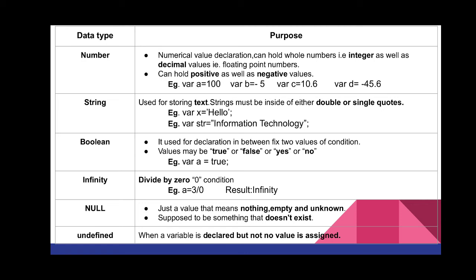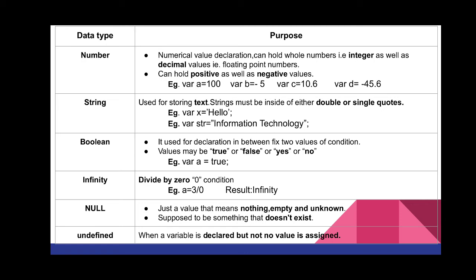An integer can take negative and positive values, and decimal values are floating point numbers. You can see in the example below: var A equal to 100 is a positive integer, right? var B equal to minus 5 is again an integer but a negative value. So minus 5 is also valid.